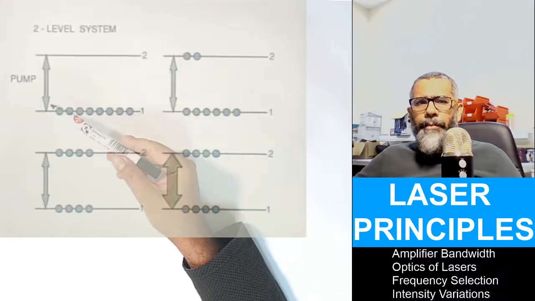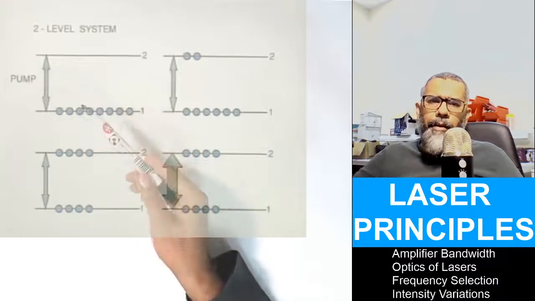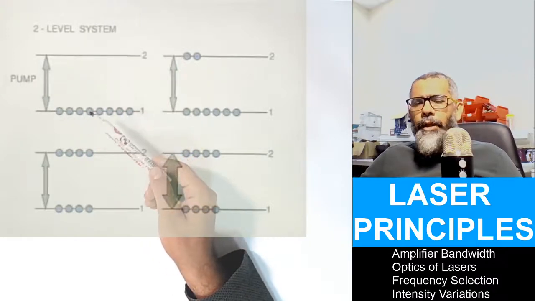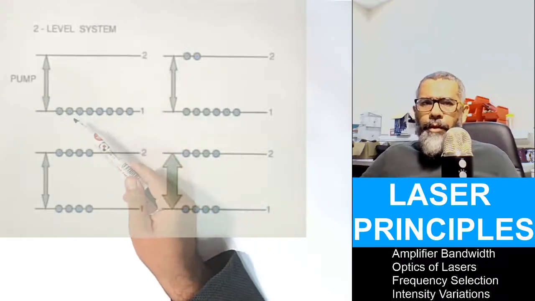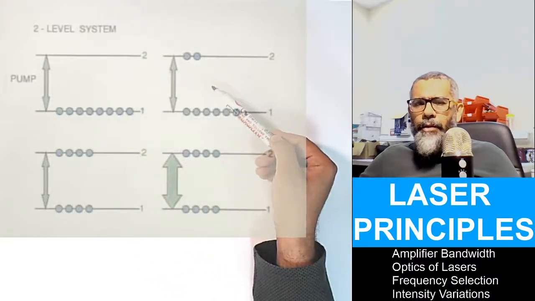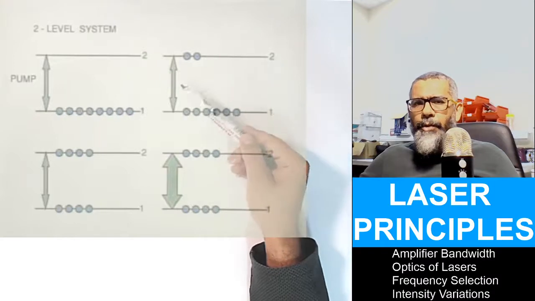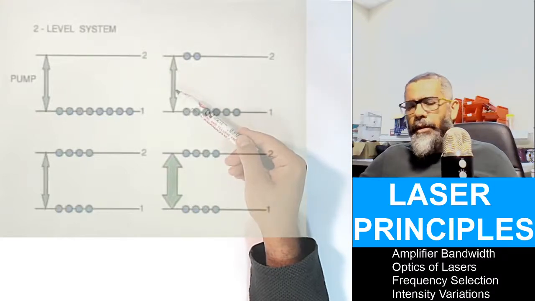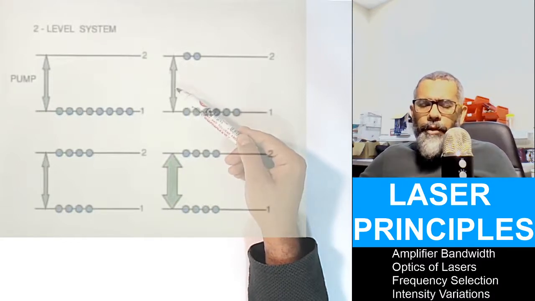When you pump, pumping means that in some way you give energy to the medium so that the atoms which are in the ground state are excited to the higher energy levels. This energy might be electrical energy, chemical energy, or heat, or something else. We will talk about this later.